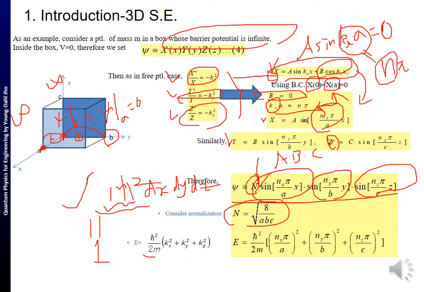The energy is h bar squared k squared over 2m, and kx, ky, kz are replaced by this, like this, like this.